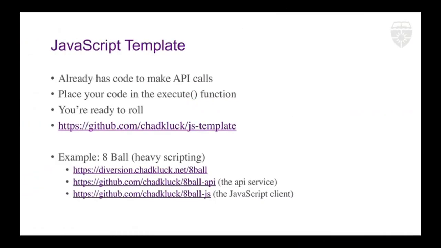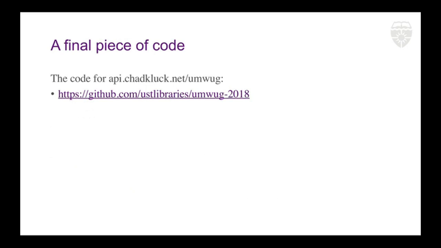So that's another example if you just want to go through the code. And again, that's available on GitHub. Again, these examples are just for you to go through, play around with, and see how APIs work. And a final piece of code: the little numbers that were showing up down here, that code's available on GitHub too.